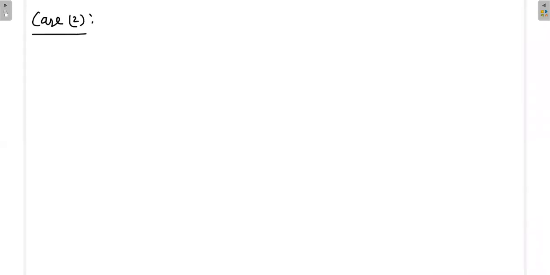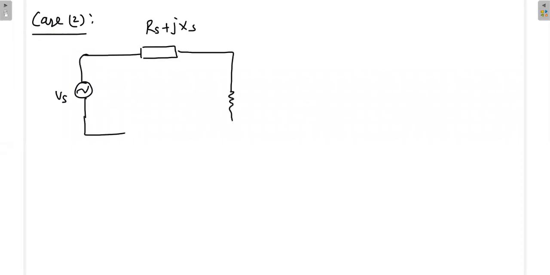And then what is the case 2? Case 2, say this is the source RS plus JX, source resistance. This is source Vs. It's connected with only a resistance RL. Now, what should be the value of RL? Because this situation also we have already seen, RL should be equal to the magnitude of this one, that is RS plus JXS, that is RS square plus XS square overall square root.